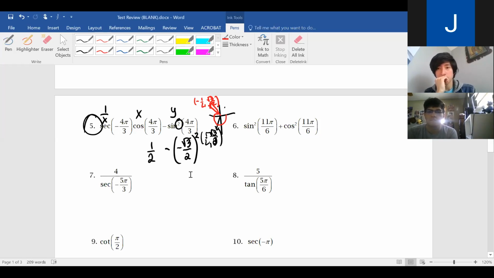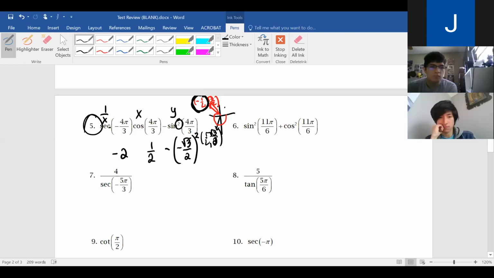Scratch that. We wanted the x value. So we want this, but we want the reciprocal to that. So that ends up being a -2. Because there's your x value reciprocal. -2 times 1/2 minus, and then you're squaring this.